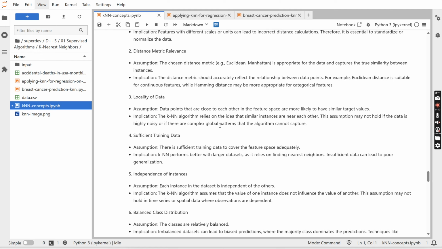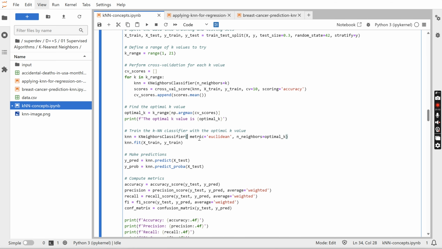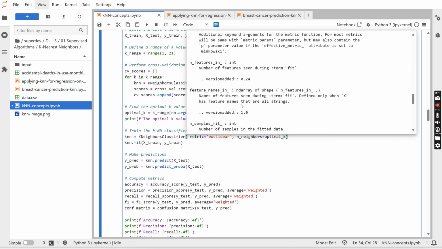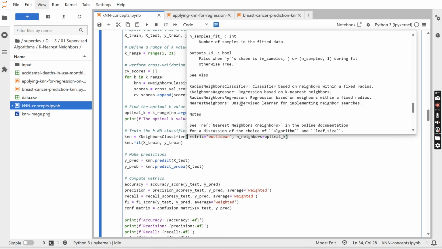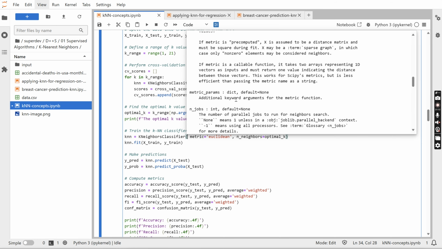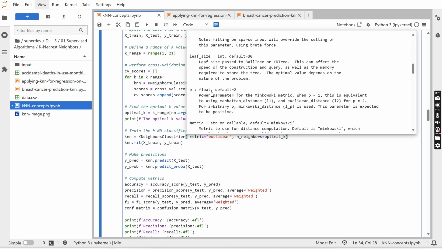But as you saw above, if you just paid attention, you have the p value here. Okay, p value is not regularization.